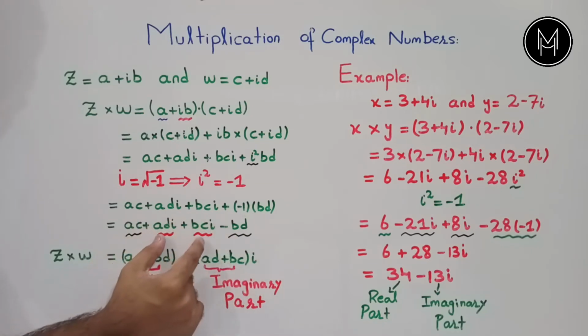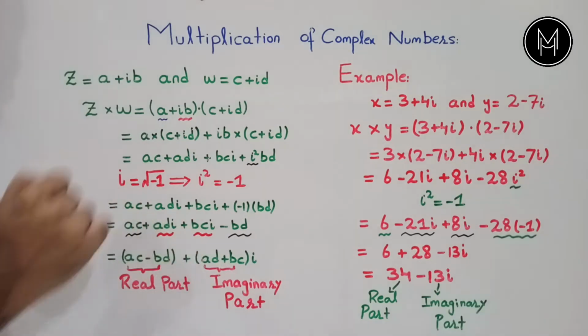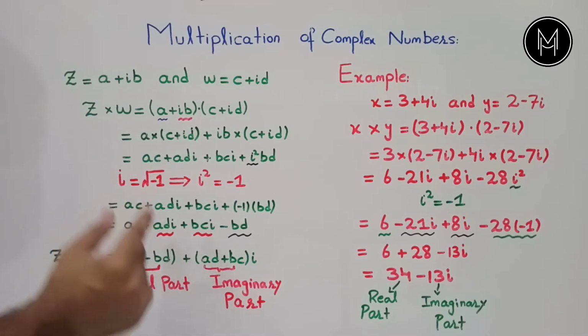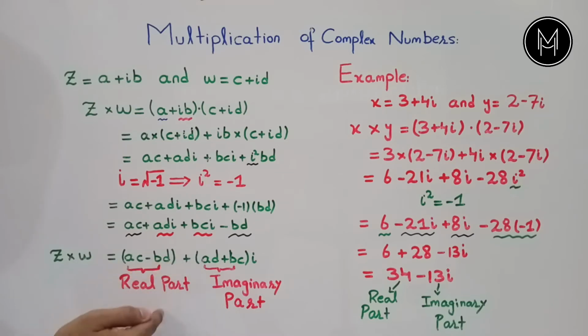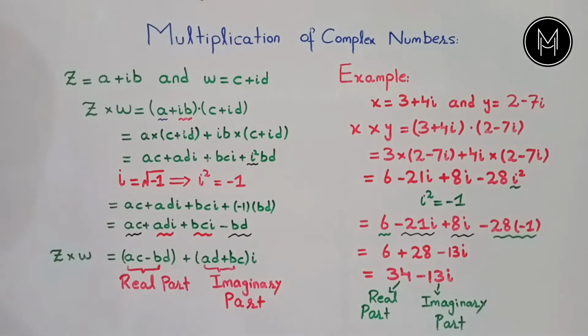As i is common in both terms, we can write them in this form. This is our final equation of multiplication of complex numbers z and w. This is the real part ac minus bd, and this is the imaginary part ad plus bc into i. So this is how we can multiply two different complex numbers.